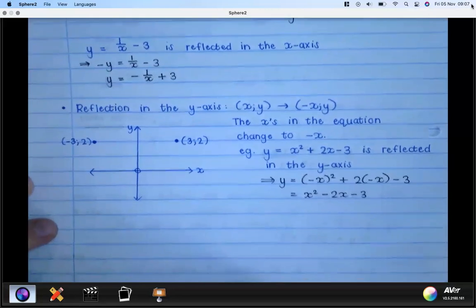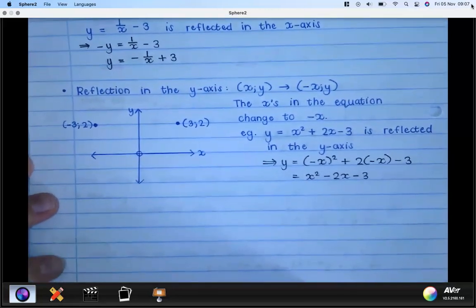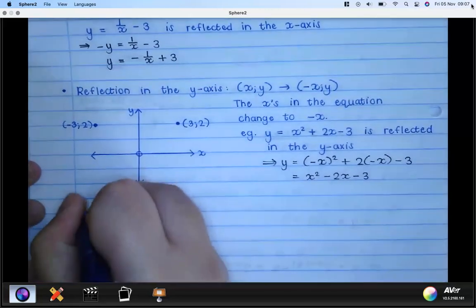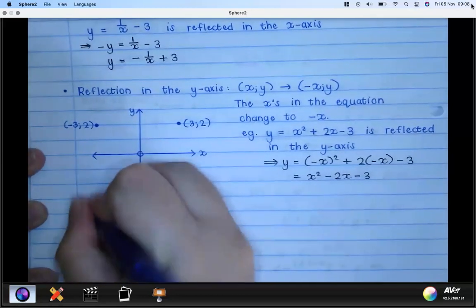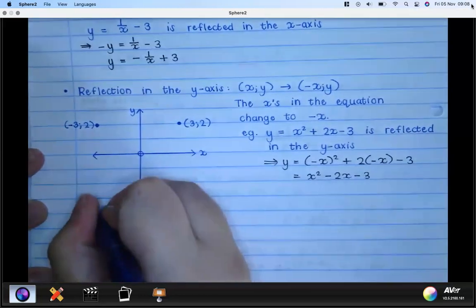Let's look at another one quickly. Let's do an exponential graph quickly. These ones can become quite tricky.